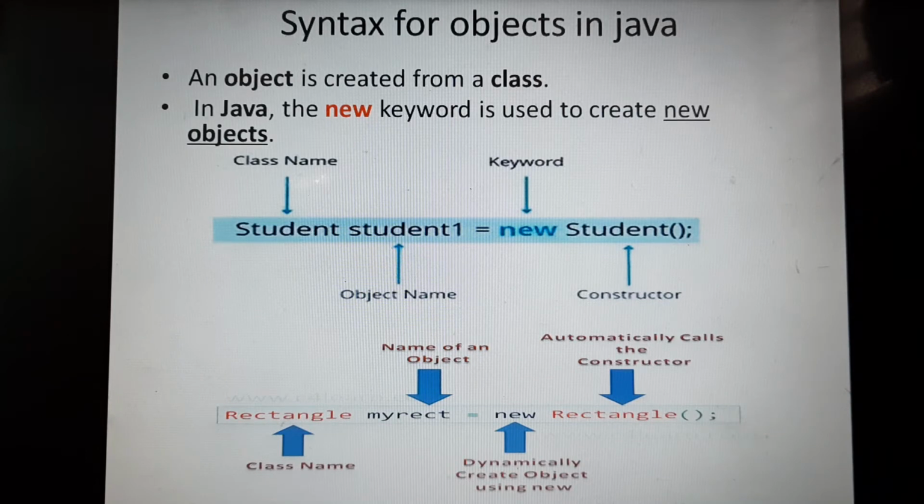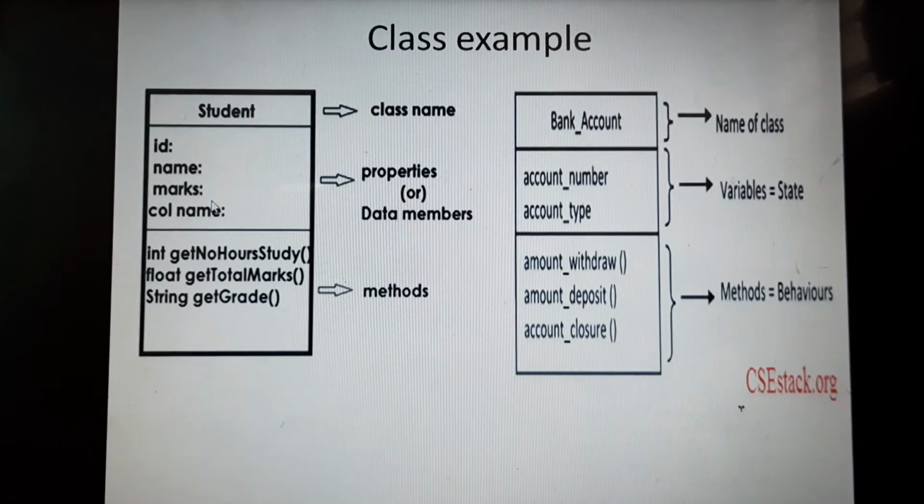Now the syntax for objects in Java. We know an object is created from a class, that is, an object is an instance of a class. In Java we use the new keyword to create a new object. Suppose a class is Student, defined here with the name Student, and it has some field variables and methods.